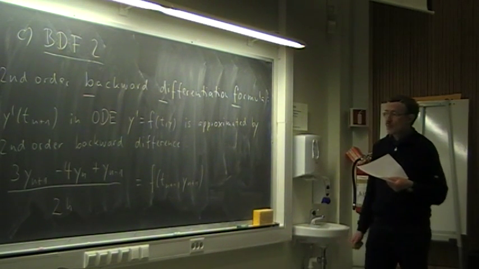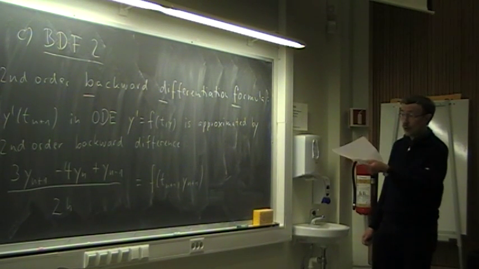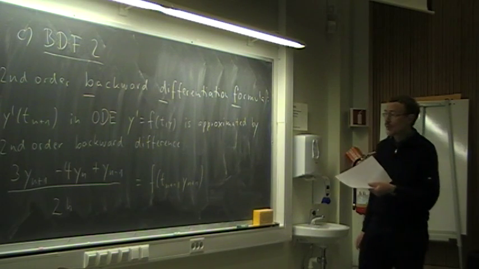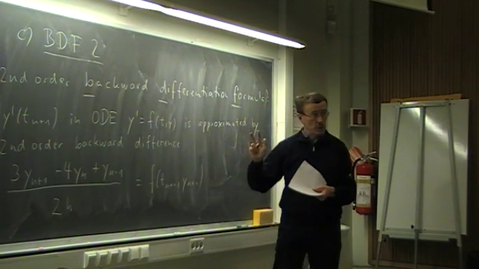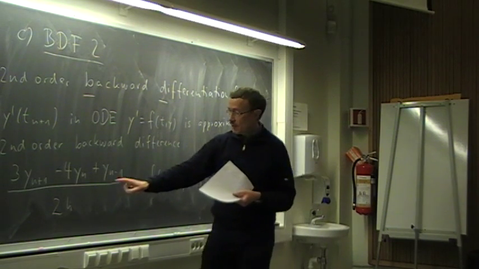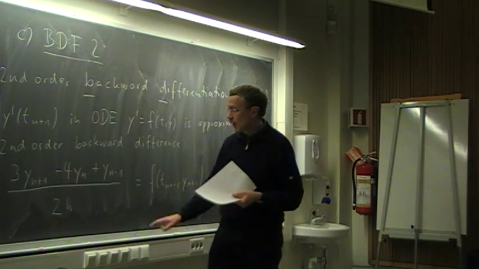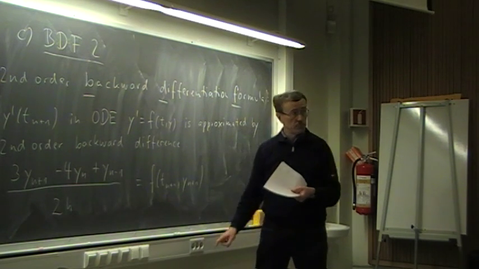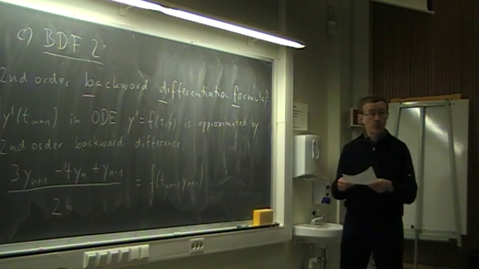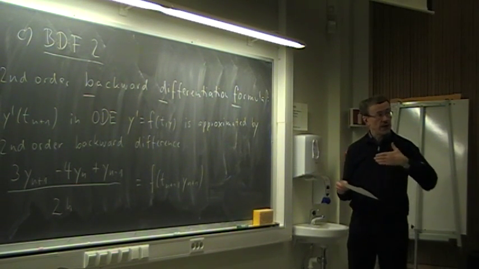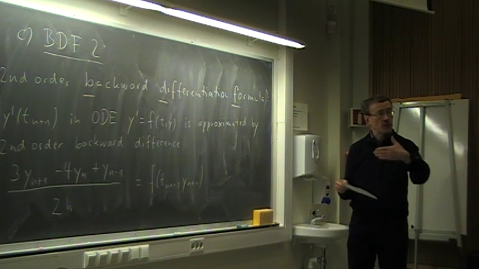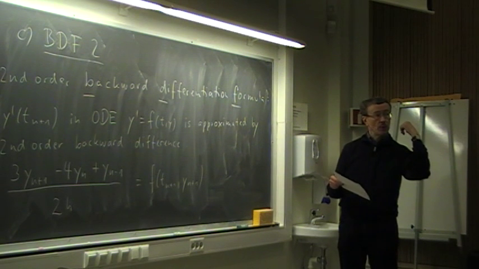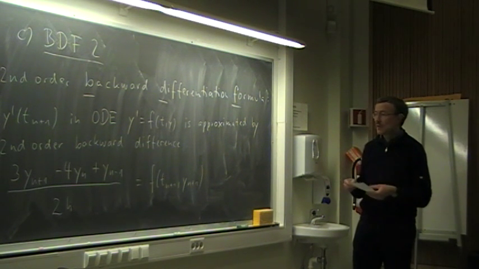And one thing also to note here is that we don't write here hn, because we have now, that is the new thing, 3 time levels involved. Before we had only time level n and n plus 1 involved, now we have also n minus 1. So therefore we are no longer free to choose the h, the time step, as we like, as we go from n to n plus 1, because we have already used it before. So that is one thing.